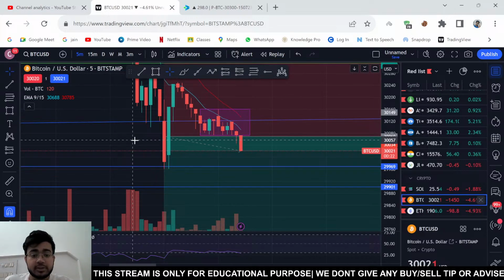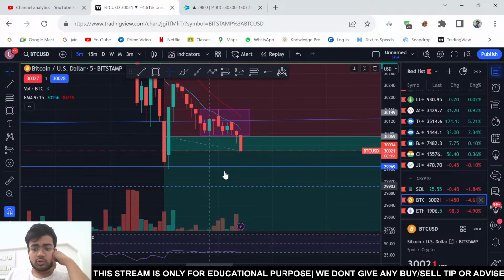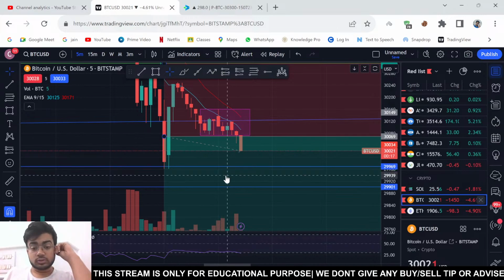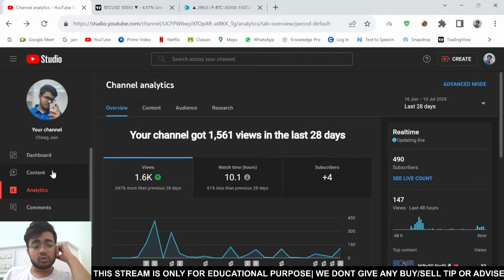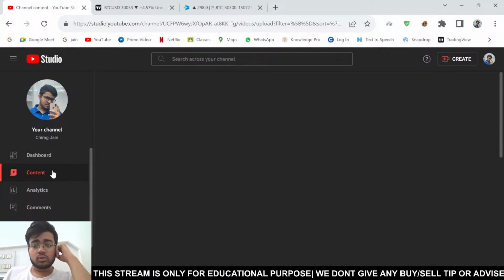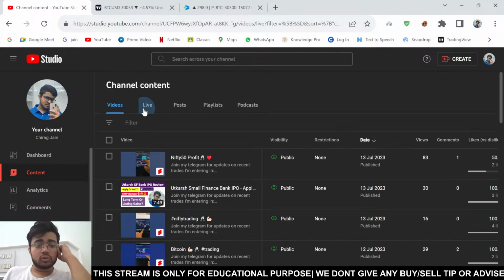Getting back to reality, holding this position. Gonna be the last few minutes that I'm gonna be holding this position, and we're gonna be exiting really soon.